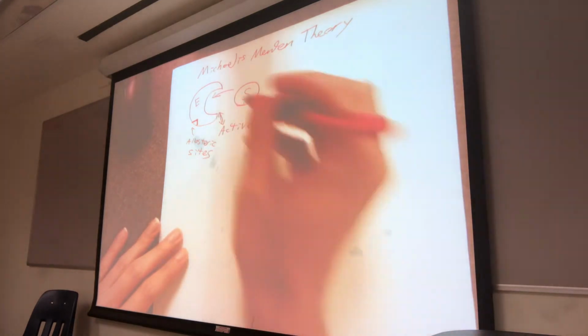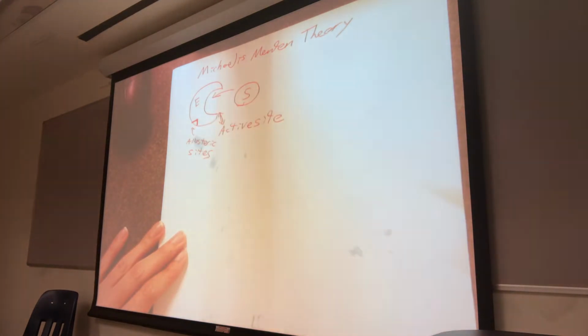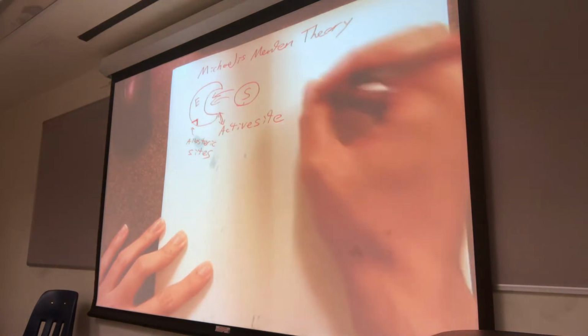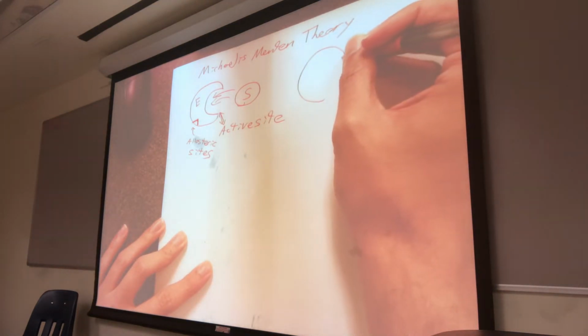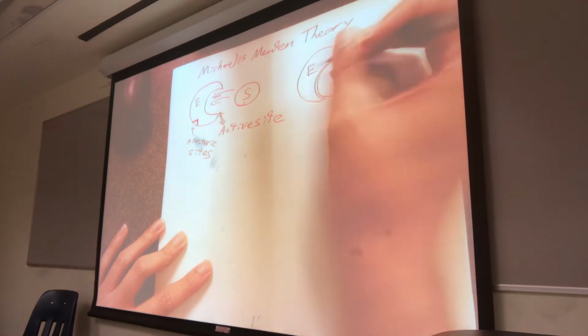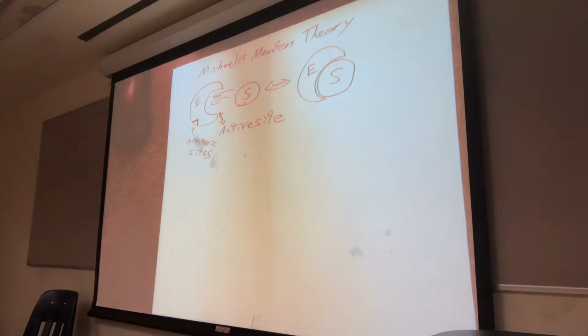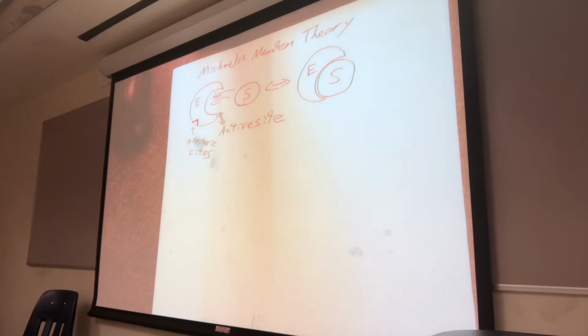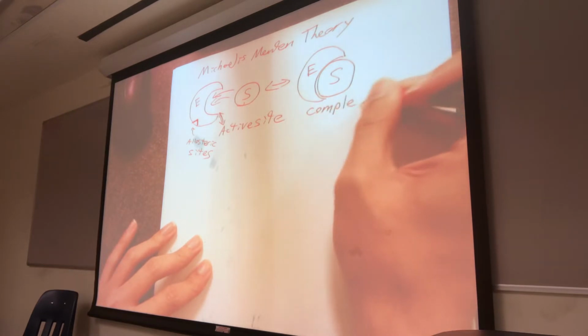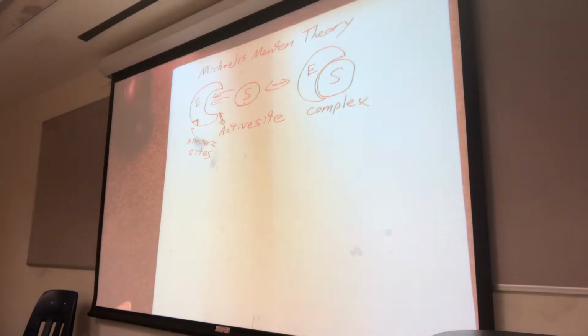So the Michaelis-Menten theory is that there's a substrate, there's an enzyme, and there's an active site. The substrate binds to the enzyme at the active site, and you create what is called an enzyme-substrate complex, which is kind of like an intermediate in the reaction of converting the substrate into product. So this is the enzyme-substrate complex, which is one of the core components of the Michaelis-Menten theory.